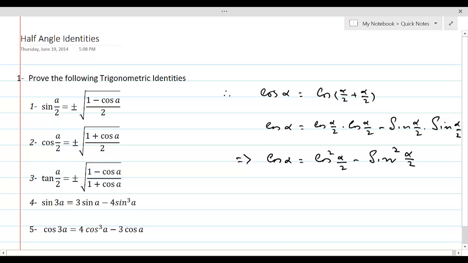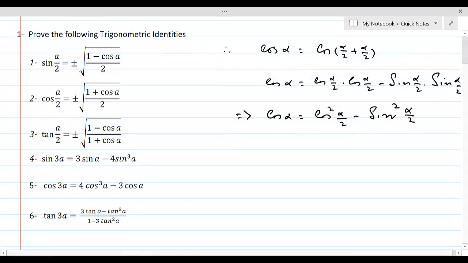And if we want to derive the half-angle trigonometric identity for sin(α/2), we should replace cos²(α/2) by its equivalent in terms of sin. This means cos α is equal to 1 minus sin²(α/2) minus sin²(α/2), using the fundamental trigonometric identity.